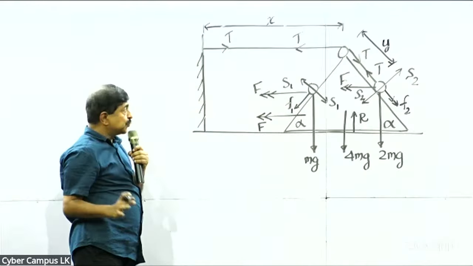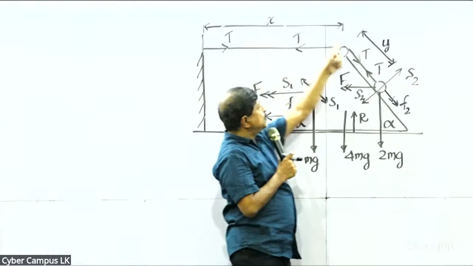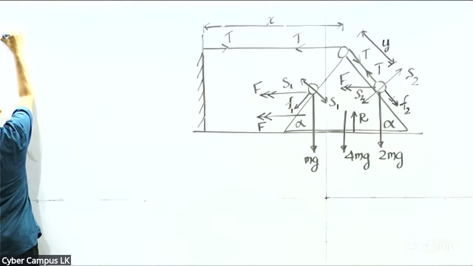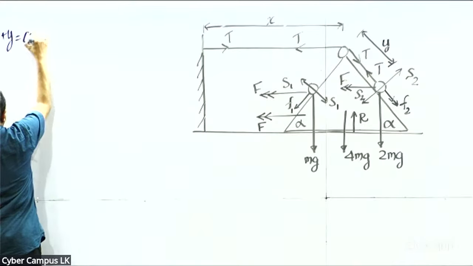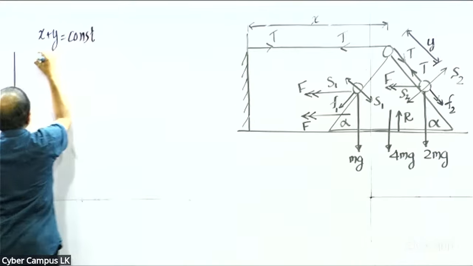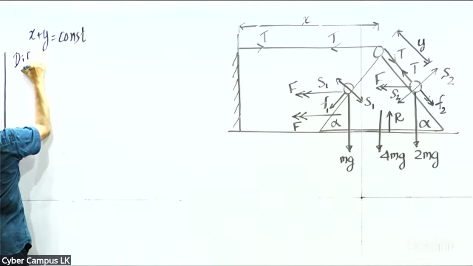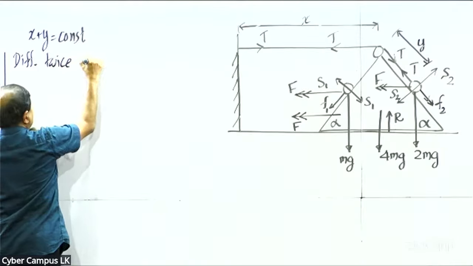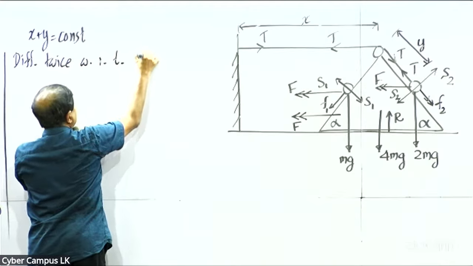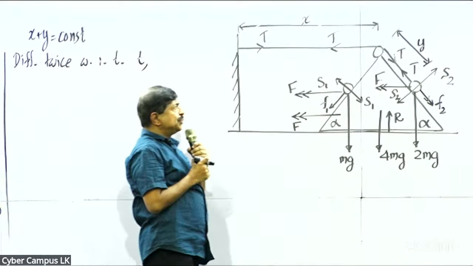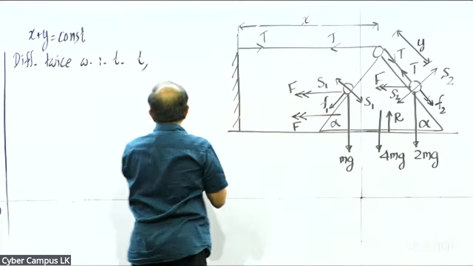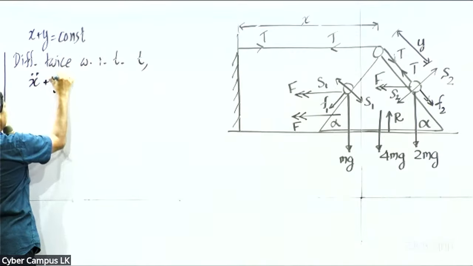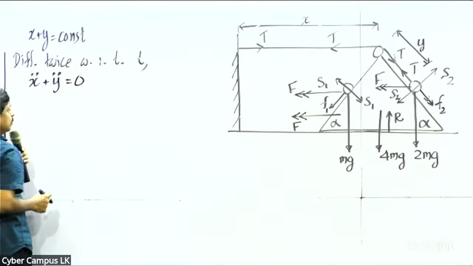So x plus y is a constant, right? Differentiating twice with respect to t, you get x double dot plus y double dot is 0.